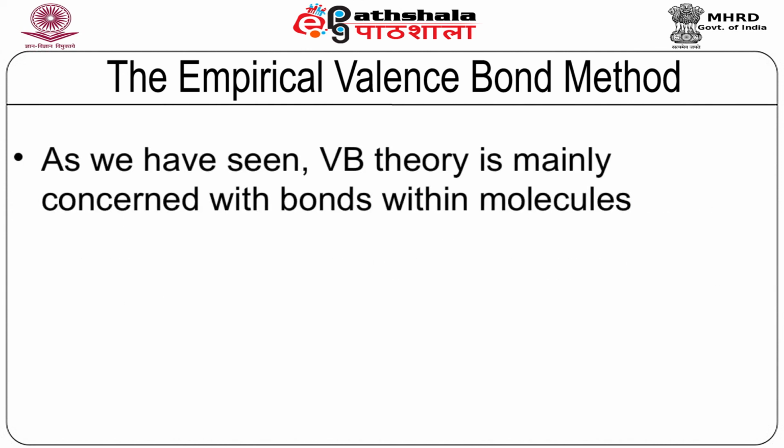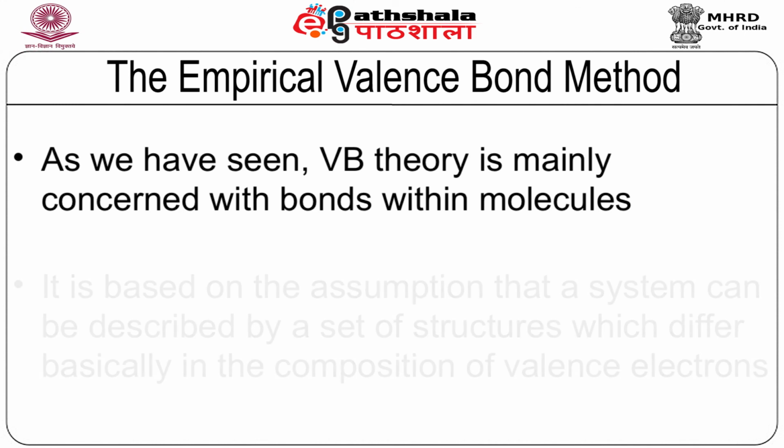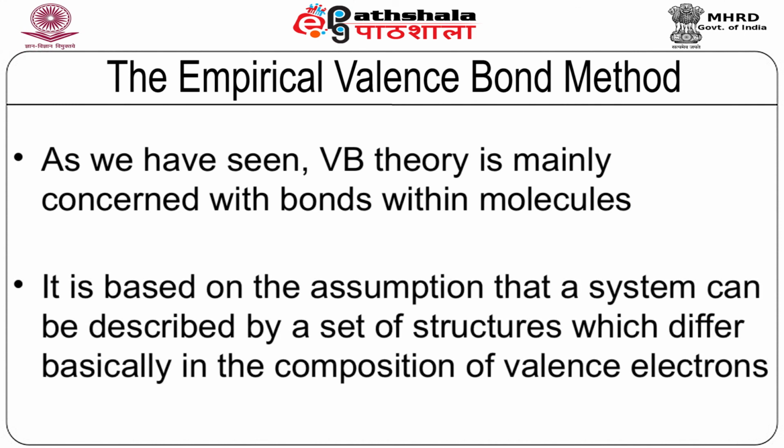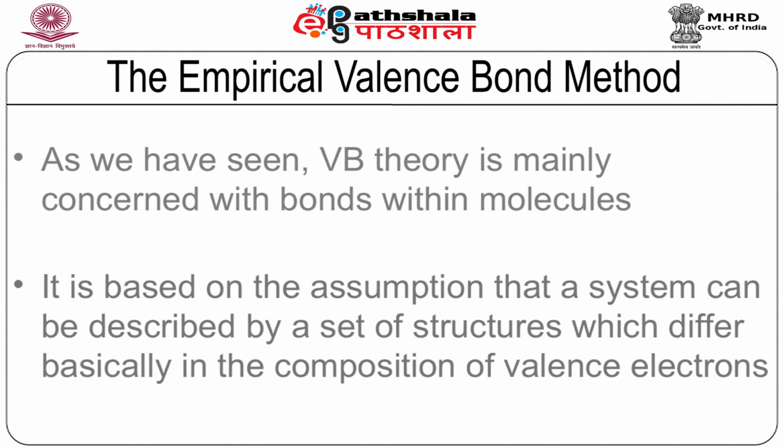As we have seen, valence bond theory is mainly concerned with bonds within molecules. It is based on the assumption that a system can be described by a set of structures which differ basically in the composition of valence electrons.